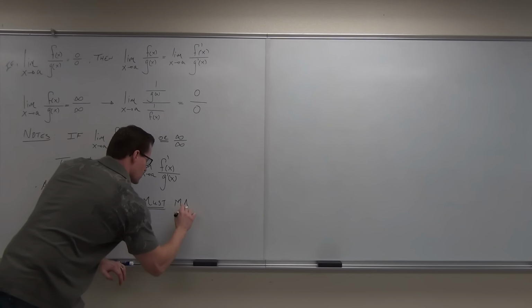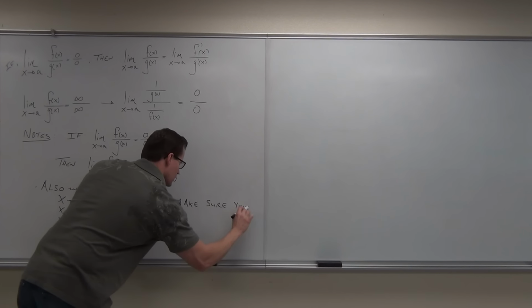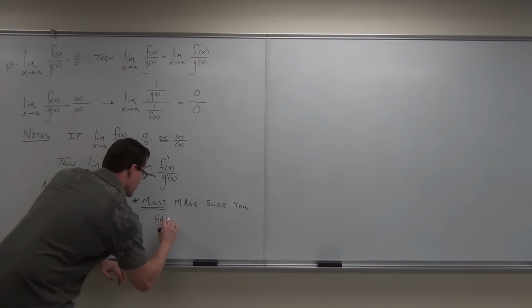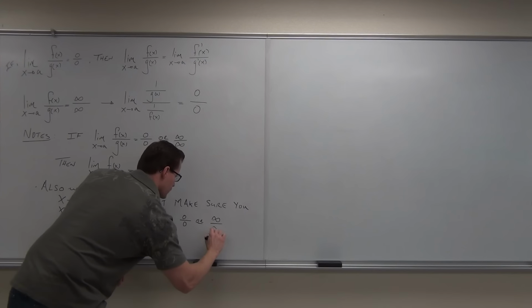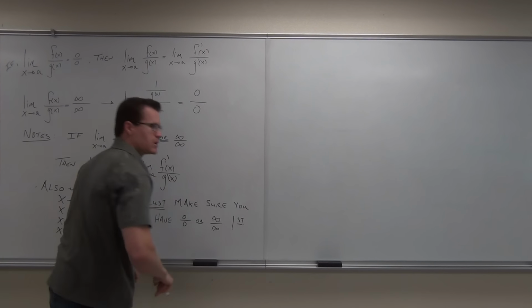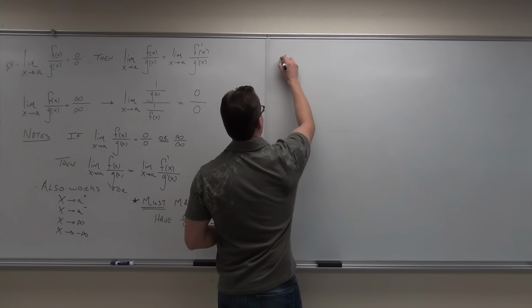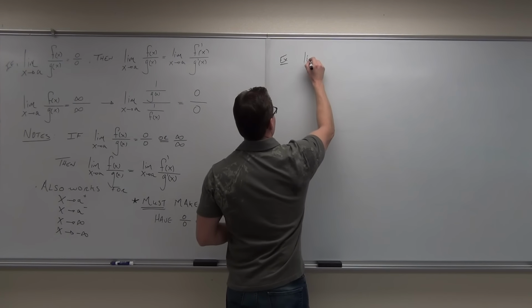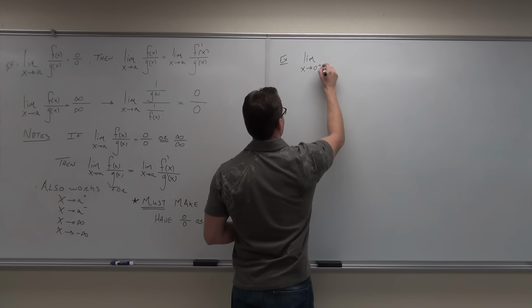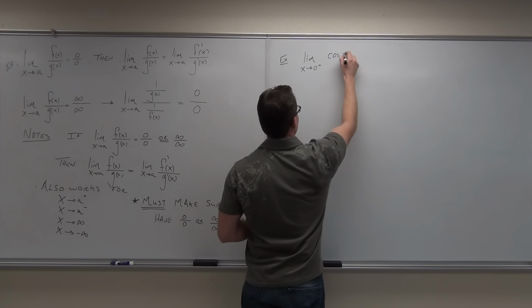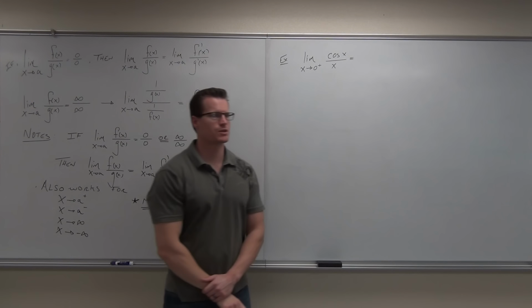You must make sure you have 0 over 0 or infinity over infinity first. You have to do it. Let me give you an example about why.